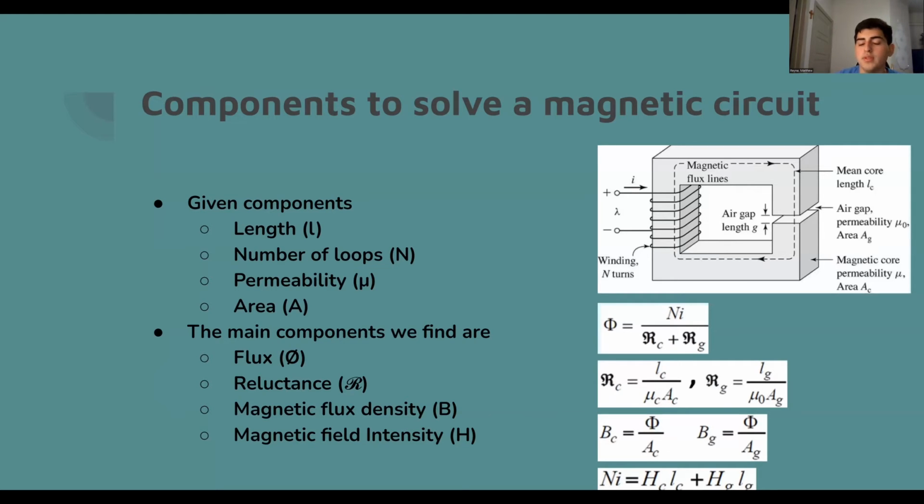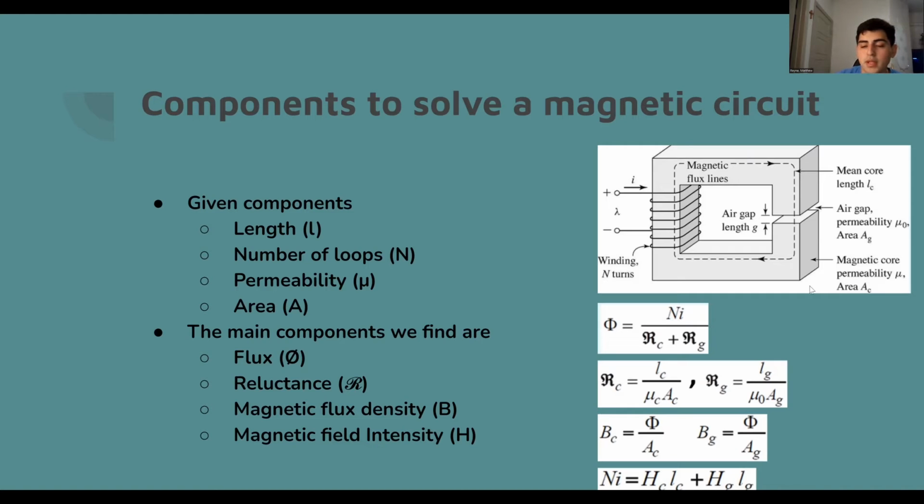A lot of the components that we're usually looking to find are the flux, which is considered to be the total magnetic field which passes through a given area, the reluctance, which is simply the resistance on a magnetic circuit, the flux density, which is the force passing through each unit of area, and the magnetic field intensity, which is the measurement of how strong the magnetic field is.